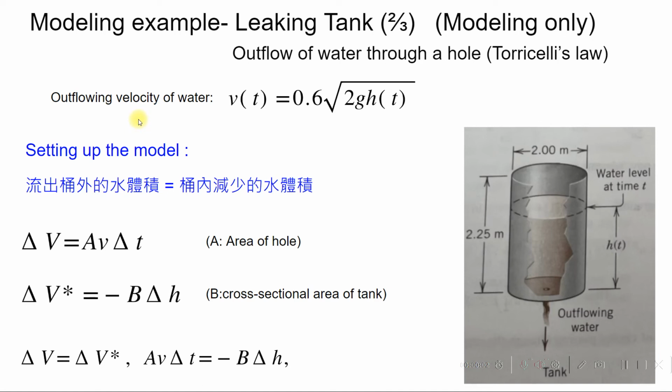Again, this is Torricelli's law, which depicts the relationship between the velocity V of t and the water level h of t.